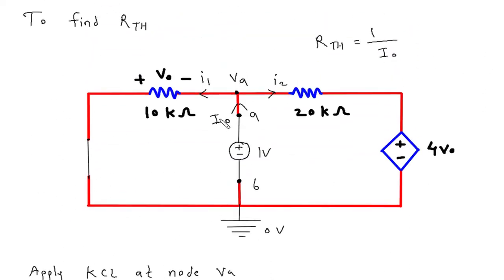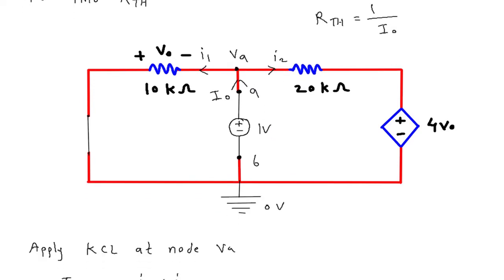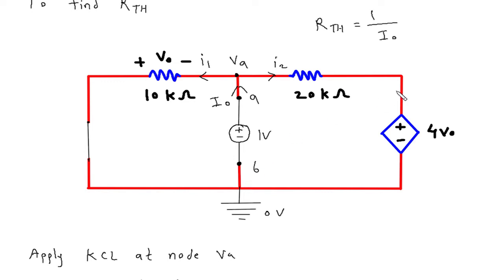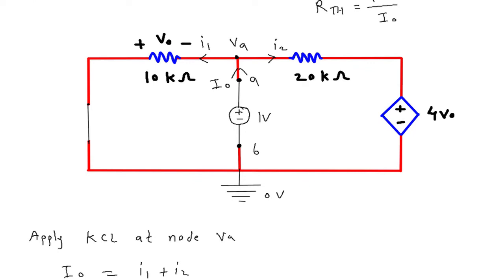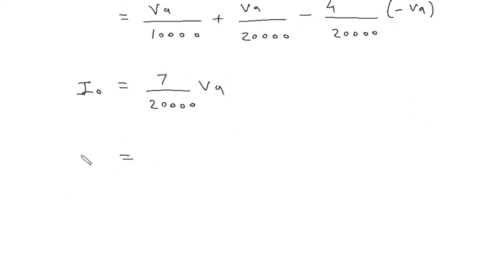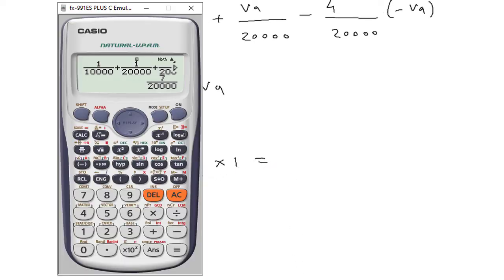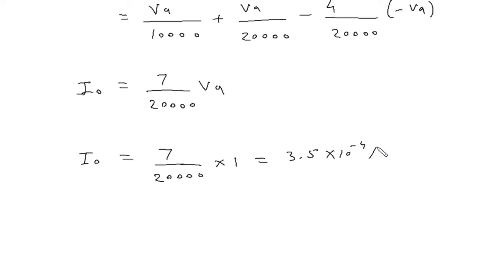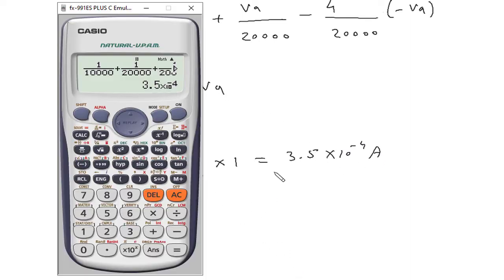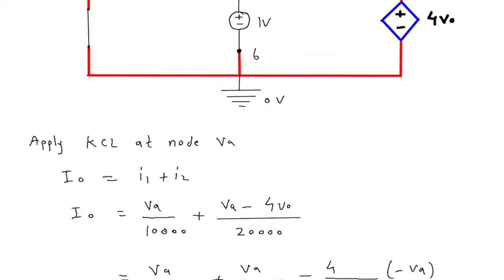Now VA is equal to 1 volt because it is connected to the source. So IO is equal to 7 by 20,000 into 1 is equal to 3.5 into 10 raised to minus 4 ampere. Now from this we can find the value of RTH.